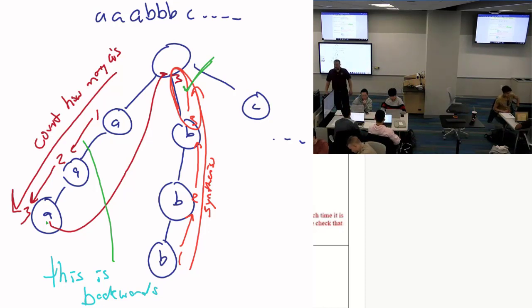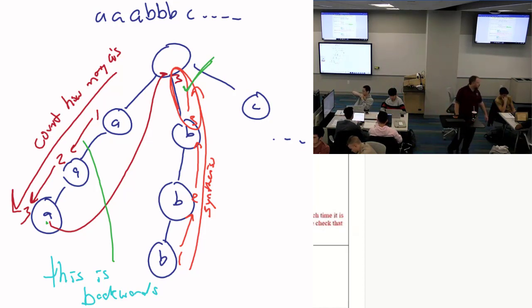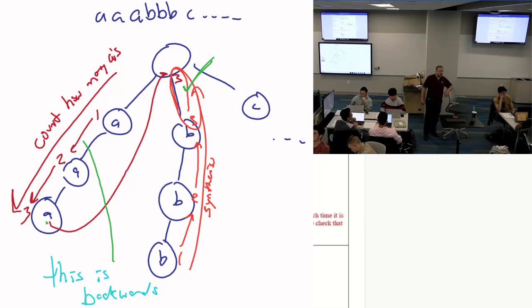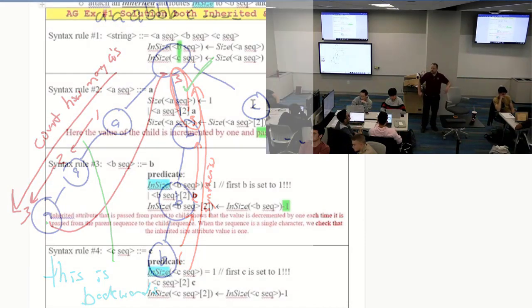Everybody okay with that, though? Do we have any questions on it? Okay. Now, real quick question. Take a look at C, or syntax rule number 4. Is that going to use inheritance or synthesis? Which one?